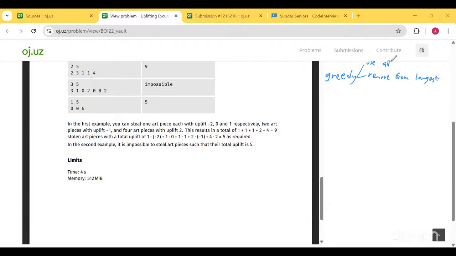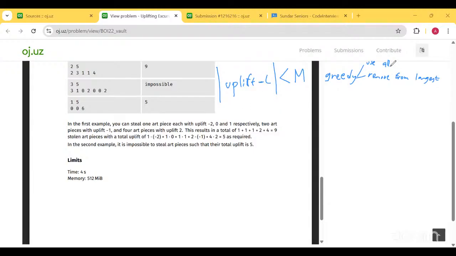So after these steps, the current uplift minus L, I mean the absolute difference, is always less than M, right? Because we have done this.